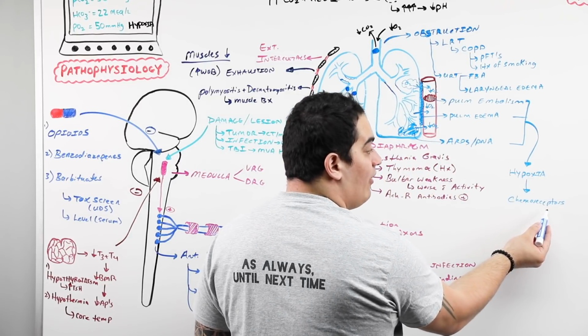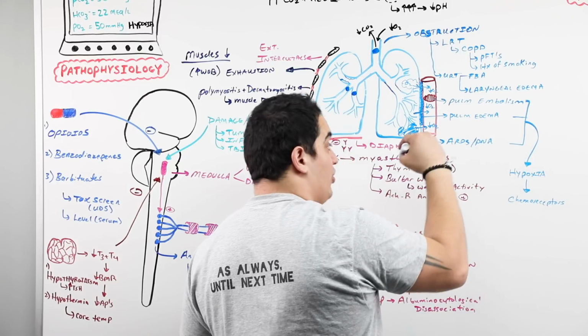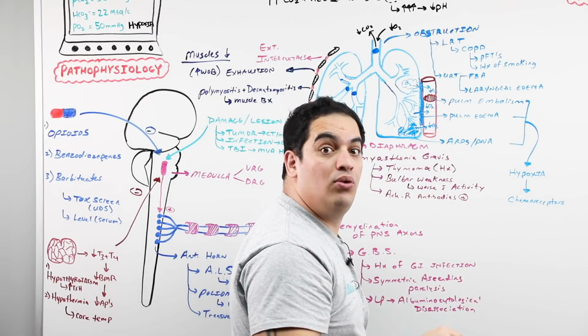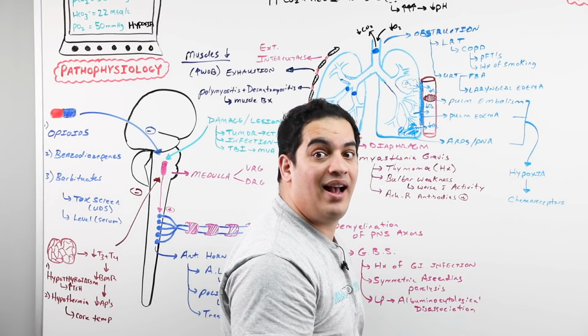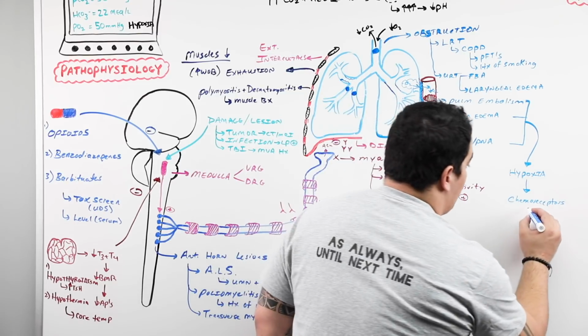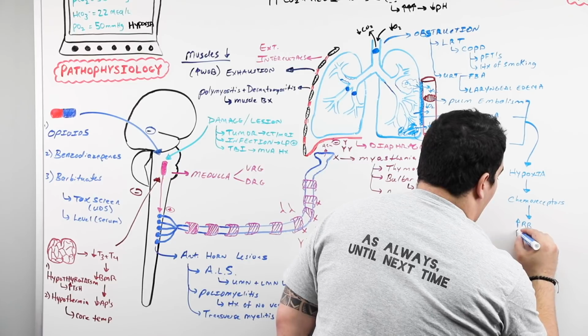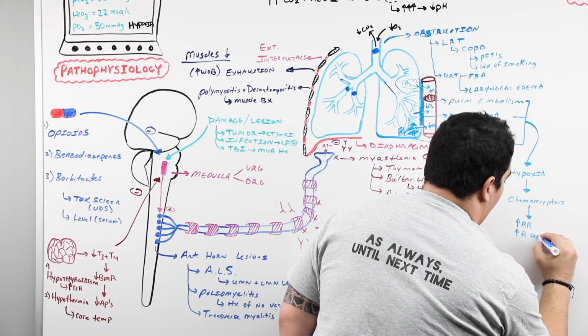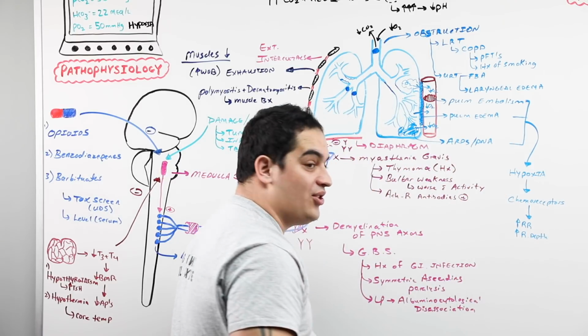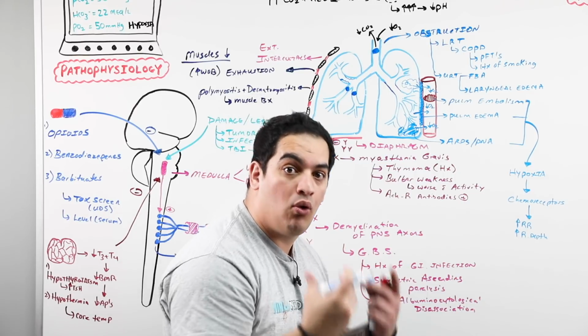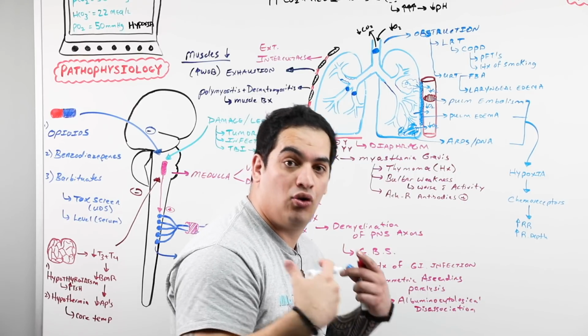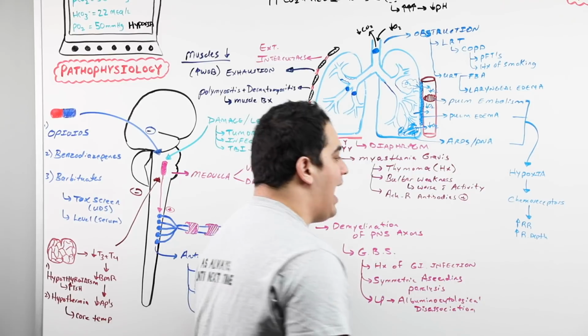Chemoreceptors will be activated peripherally and cause a reflex to go to your medulla and say, hey, medulla, I don't have a lot of oxygen, you better fire faster and bring more oxygen in. And so what it'll do is it'll increase the respiratory rate and increase the respiratory depth. And you're going to breathe faster and deeper to try to bring more oxygen into the alveoli and cross it into the blood. But guess what happens?